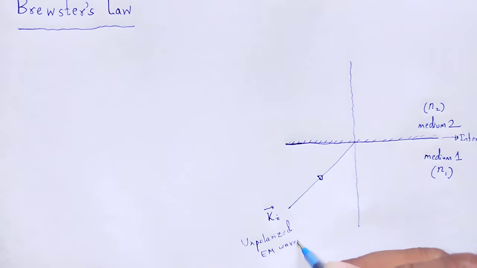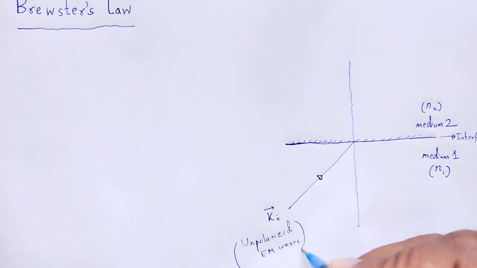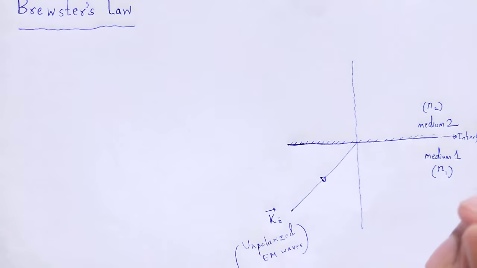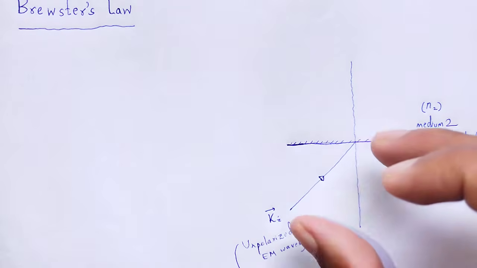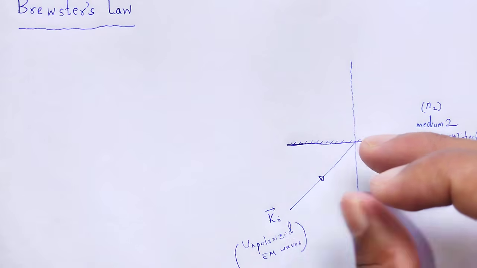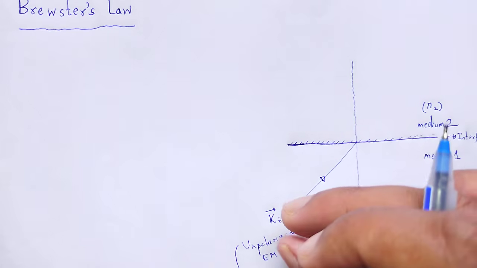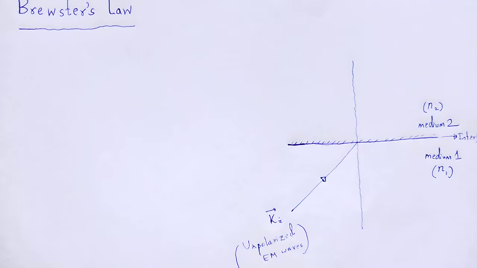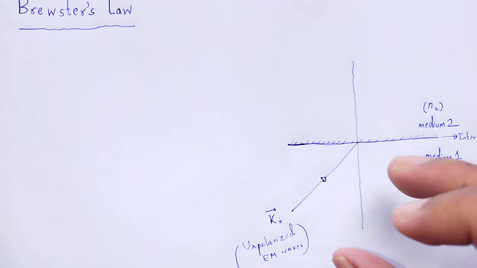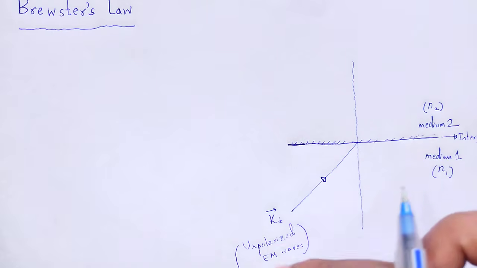What is an unpolarized electromagnetic wave? It consists of an electric field as well as a magnetic field, but we discuss it by taking only the electric field.